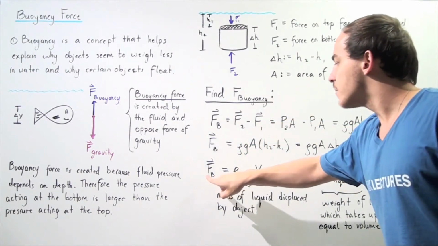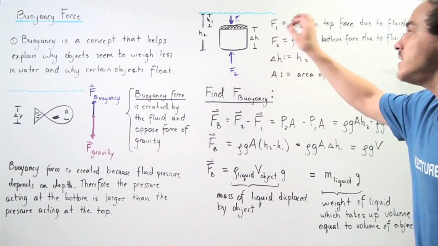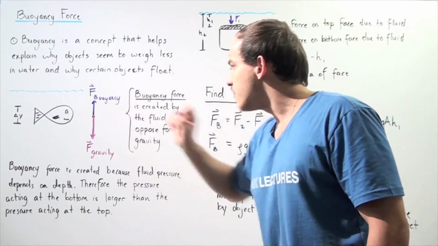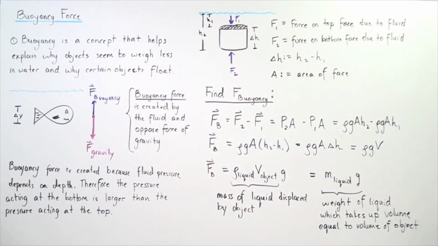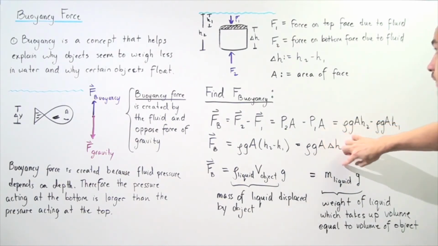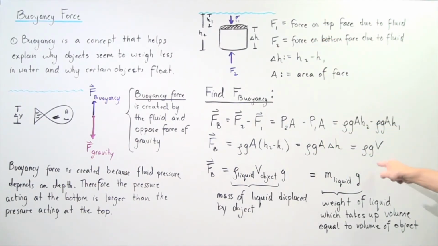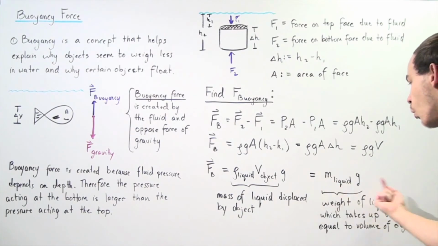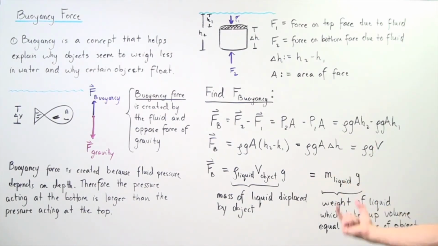So we see that the buoyancy force acting on our object that opposes the force of gravity is equal to the mass of the liquid multiplied by g, where this entire quantity is simply the weight of liquid which takes up a volume equal to the volume of the object.